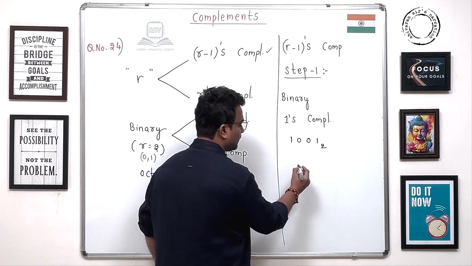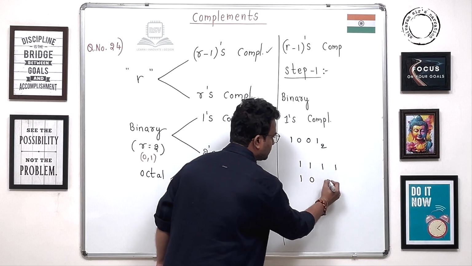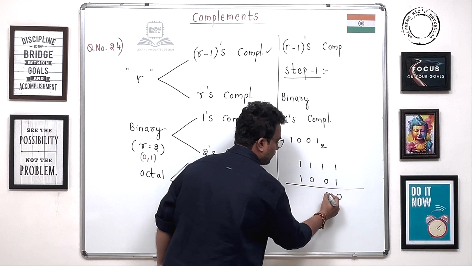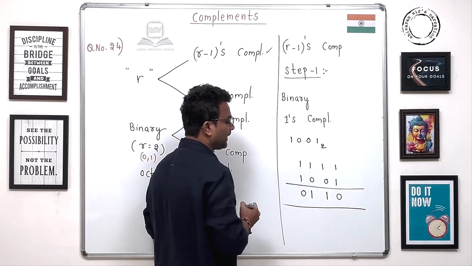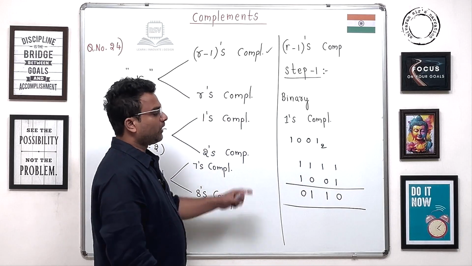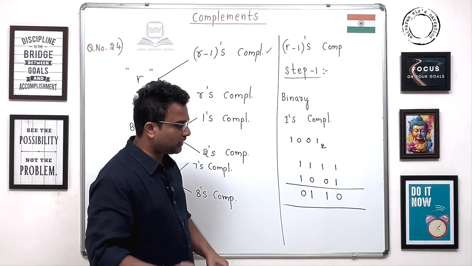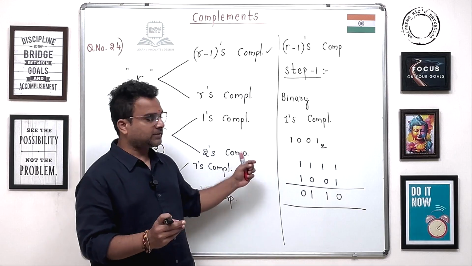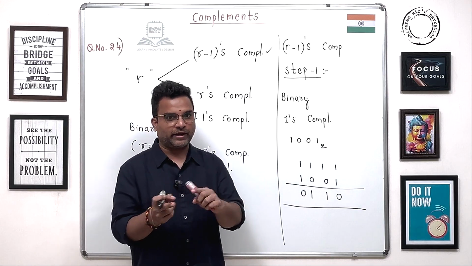So here we take 1111 minus 1001, which gives 0110. Hence, the 1's complement of 1001 base 2 is 0110.